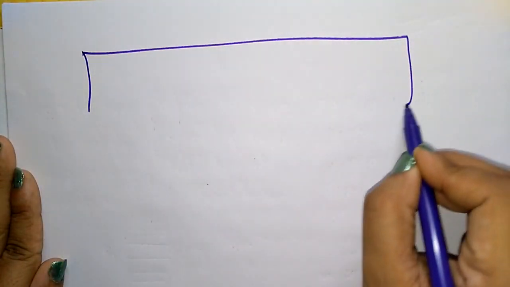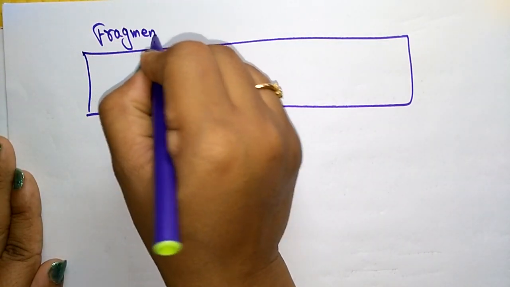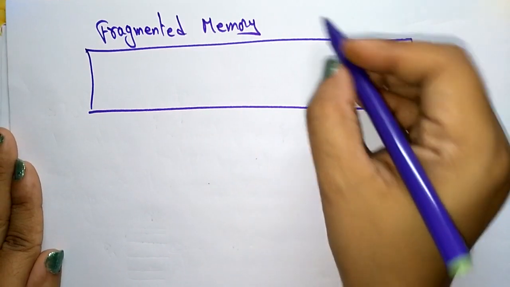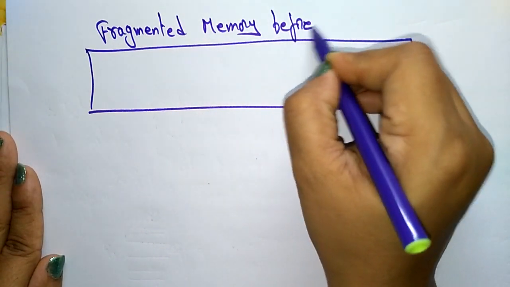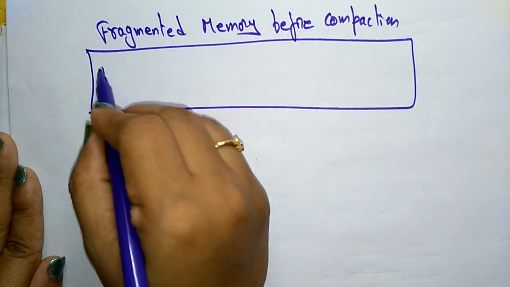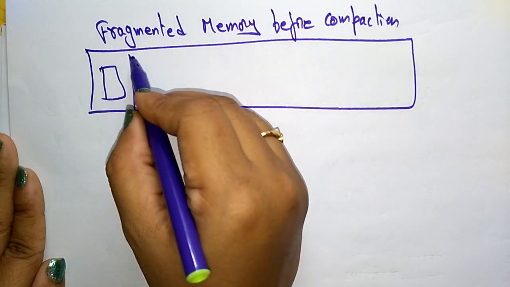Before compaction it looks like this. Let me write that. This is fragmented memory before compaction. Compaction means shuffle. Suppose this is the memory.